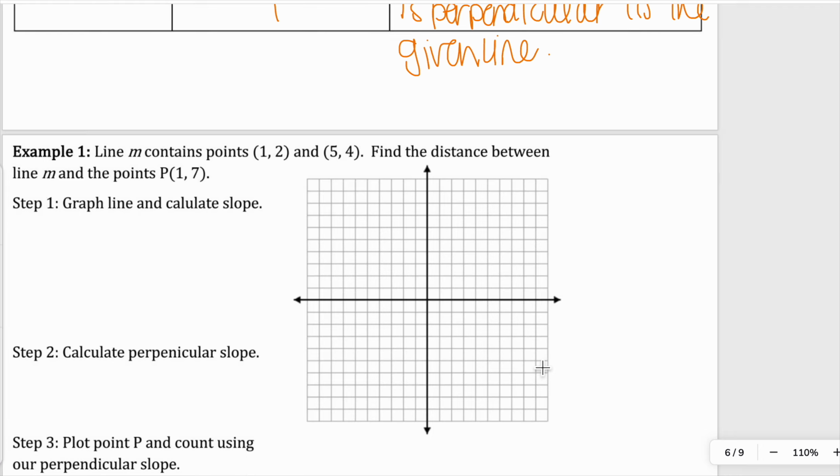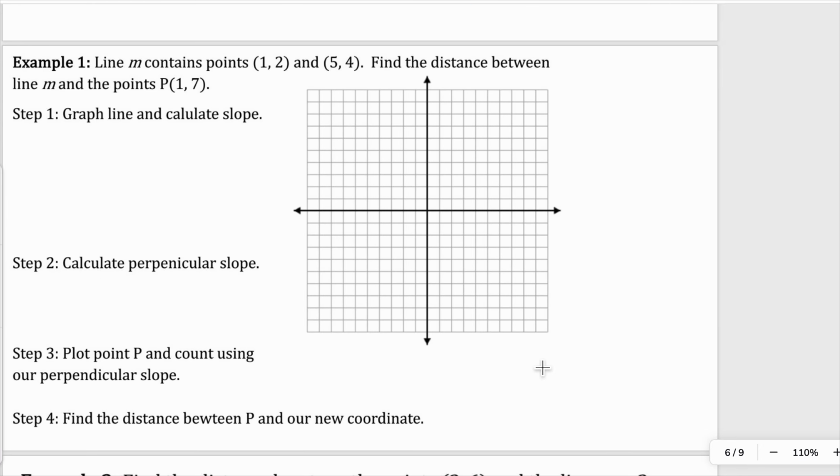Okay, so we're going to try an example, and this is how we're going to walk through this. It says line M contains the points (1, 2) and (5, 4). Find the distance between line M and the point (1, 7). So first we're going to graph the line and calculate the slope. So line M will be over 1, up 2, and then over 5, up 4.